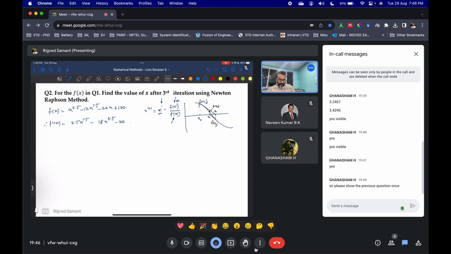So f dash x is not 0, so we can go ahead with using Newton-Raphson's method. If f dash x is 0, the equation itself fails, right? Hence you cannot use this value; even if the function value is 0, the derivative will be 0, and the first derivative will be a constant.